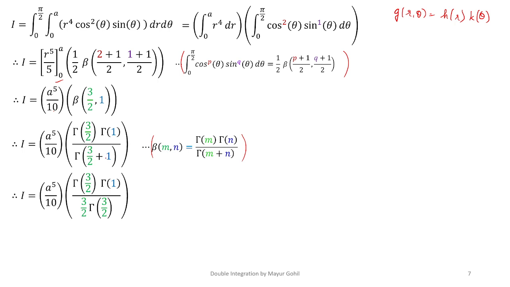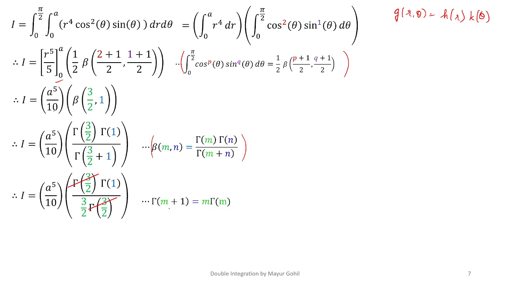Simplifying this, you will have gamma 3 by 2 gamma 1, and gamma 3 by 2 plus 1 can be written as 3 by 2 gamma 3 by 2. Now how does this happen? This happens because of the rule gamma m plus 1 equals m gamma m.